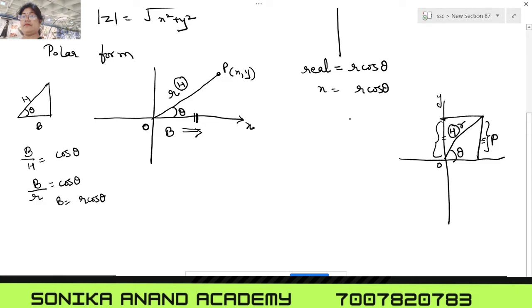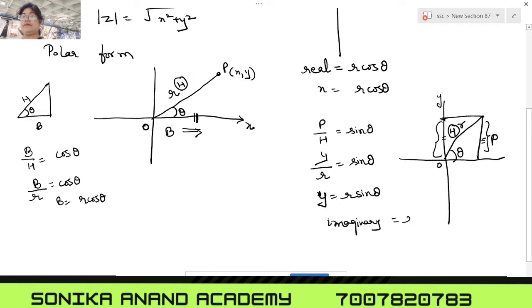So P upon H is equal to sine theta. That is, in place of P we can write Y, in place of hypotenuse we can write R, and this is sine theta. That's why we always write Y is equal to R sine theta. That is, the imaginary part is equal to R sine theta.